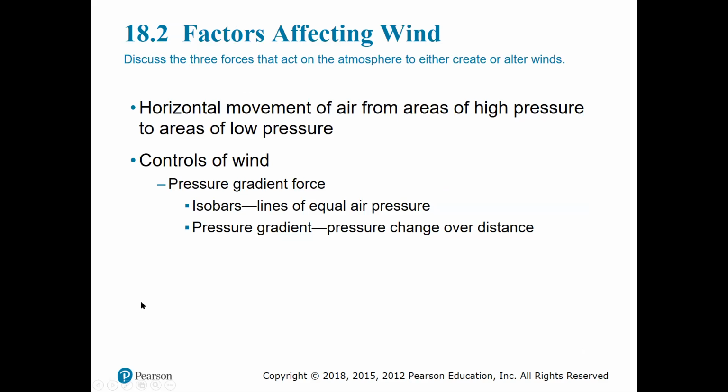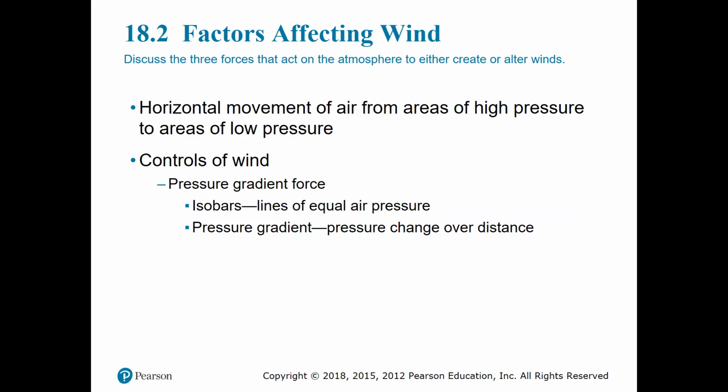So wind. Well, wind is the horizontal movement of air. And air is going to move from an area of high pressure to an area of low pressure because it follows that pressure gradient. So wind is air that's traveling toward areas of low pressure following the gradient.